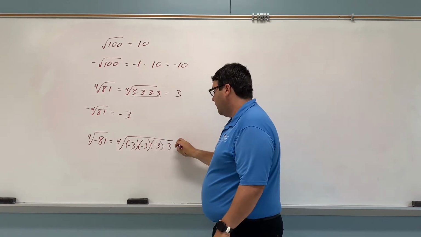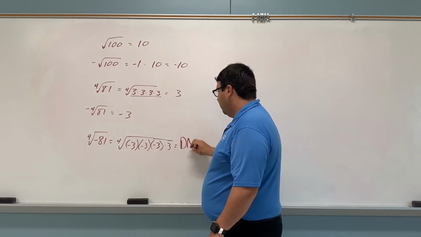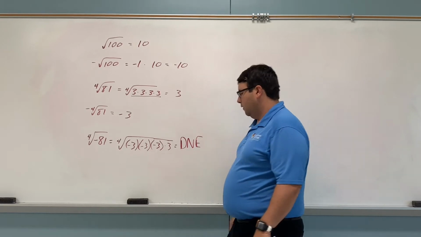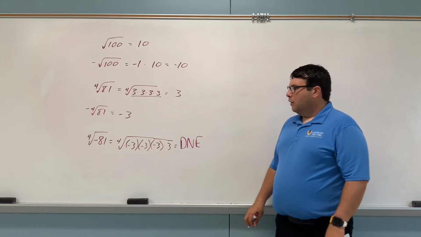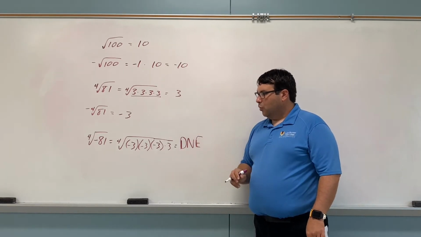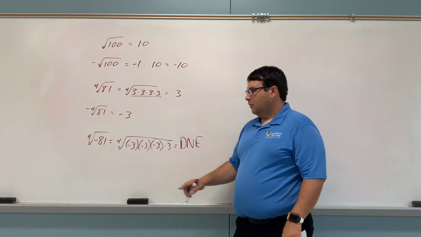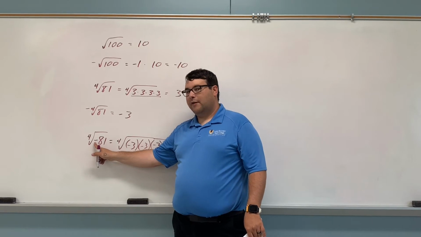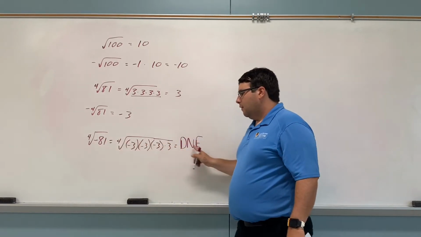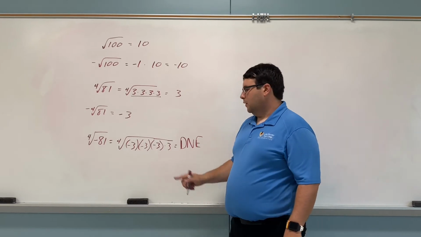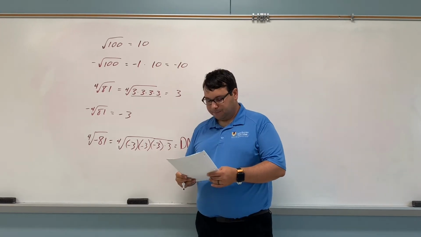Okay, so that means this does not exist. It is DNE, does not exist. So anytime you see an even root index with a negative inside of the radical, so the radicand is negative, this does not exist. It doesn't break down correctly.